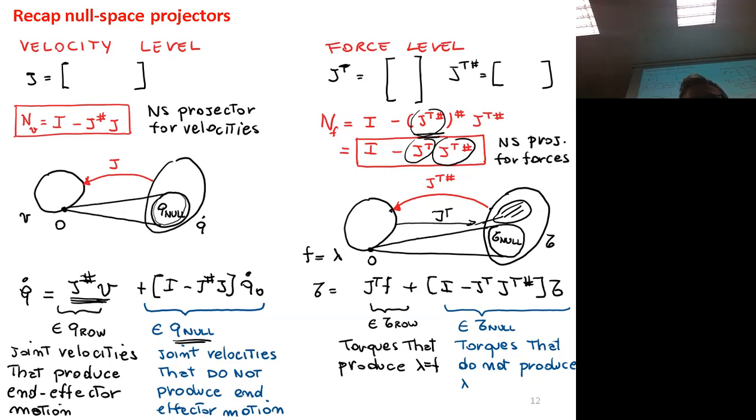And this is exactly the idea of this constraint dynamics. So we will compute accelerations from forces that do not produce any motion at the end effector. So it will be consistent, like if you are not putting any force there.